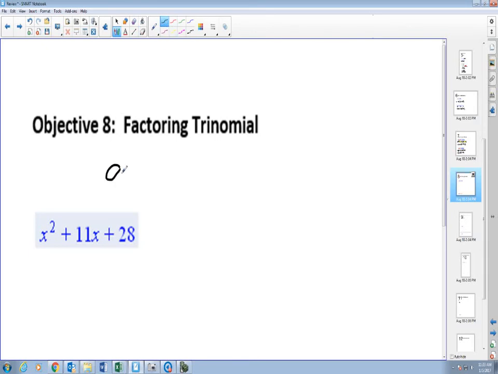Okay, and it always has a form of ax squared plus bx plus c, where a, b, and c are your coefficients and your constant. A true trinomial has got to have exponents that say 2 power, 1 power, and 0 power, to be called a trinomial.